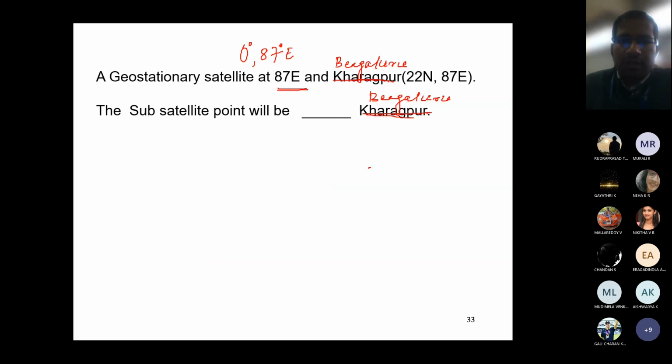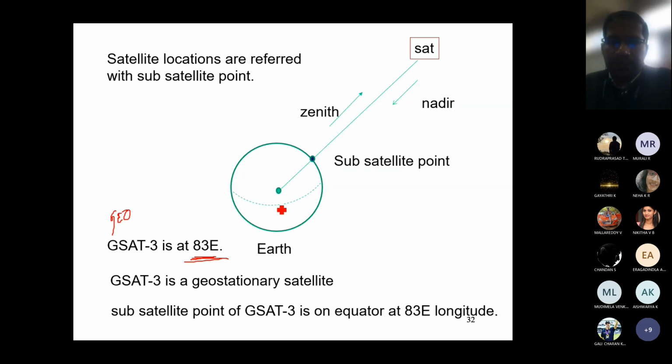What is given? The satellite is at 87° east. That means 0° latitude, which means it is a geostationary satellite. And what is this line? This is the longitude, and this longitude is 0° longitude.